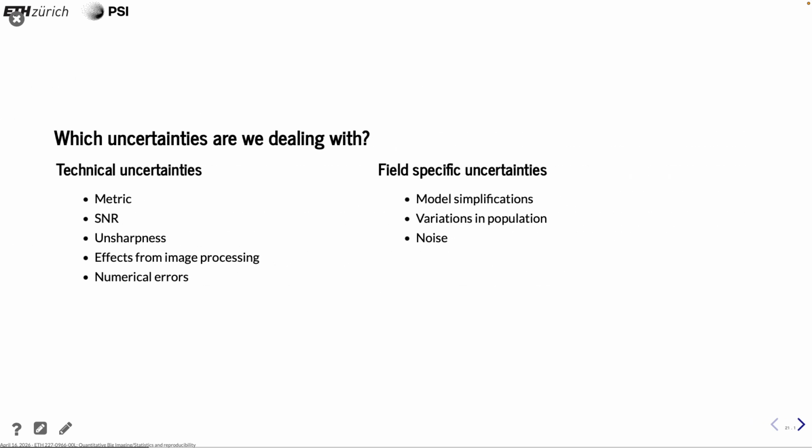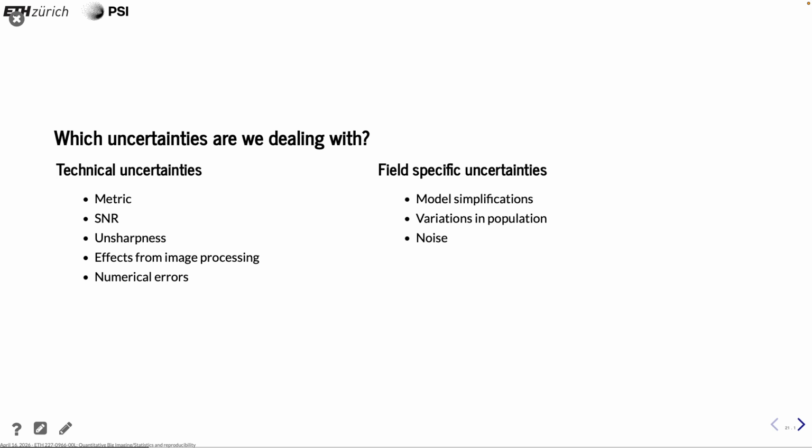So what kind of uncertainties are we dealing with? We have some technical uncertainties in the measurement, and we have field-specific uncertainties. First of all, we have an uncertainty in the metric that we measure. We have the signal-to-noise ratio. We have unsharpness in images. We have the effects from the image processing, and we may even have some numerical errors in the processing.